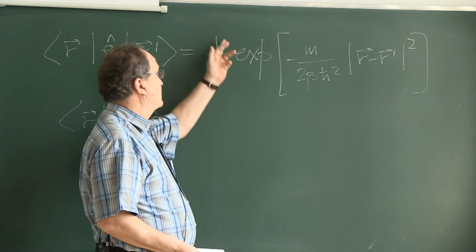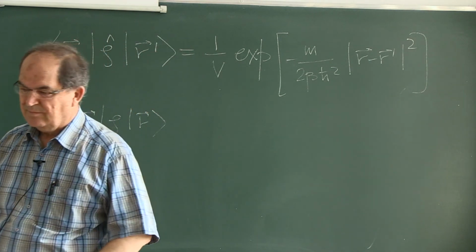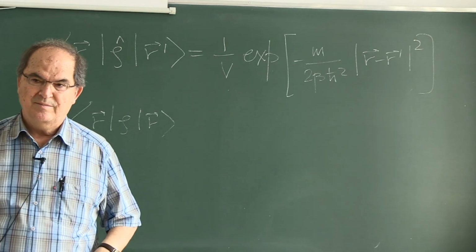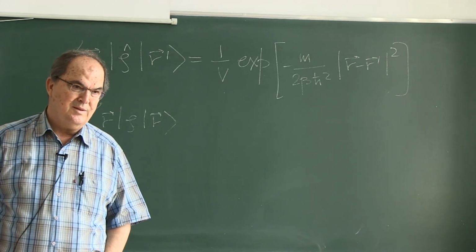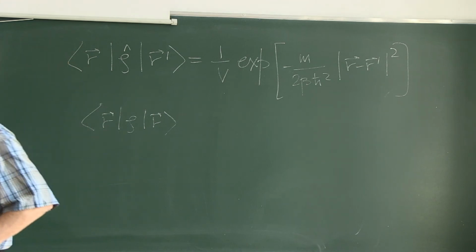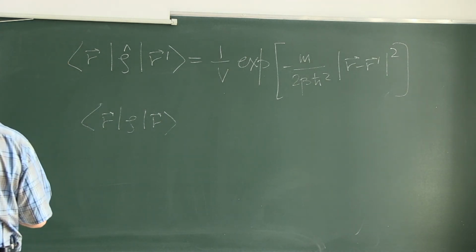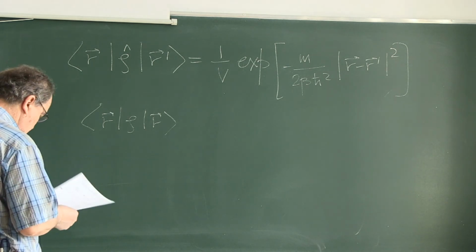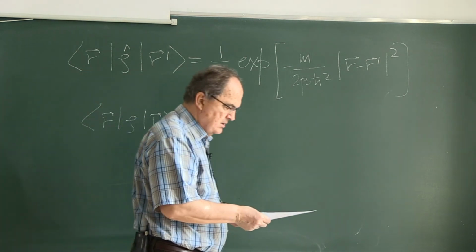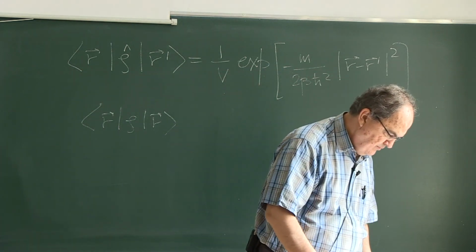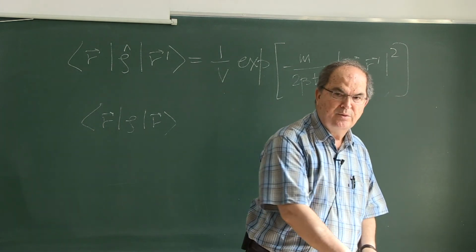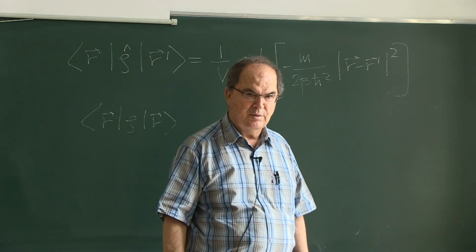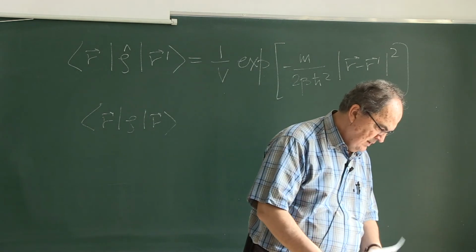When R equals R prime, it is 1 over V. The probability of finding the particle inside the box is given as 1 over V, isn't it? So, normal. Symmetric between states R and R prime. And the off-diagonal elements, R and R prime of rho, give the probability of spontaneous transition from R to R prime in the box.